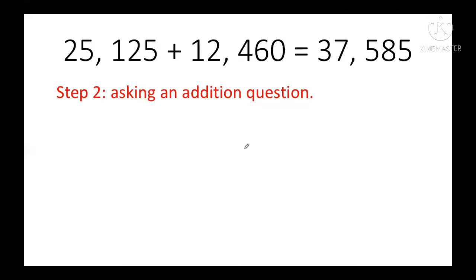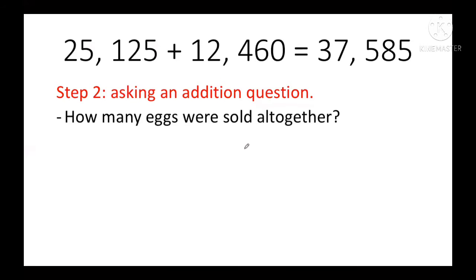So, asking a question. For example, here, how many eggs were sold altogether? Remember, our operation is plus, so I chose the clue word altogether, because if we categorize altogether, this belongs to plus or addition, right?